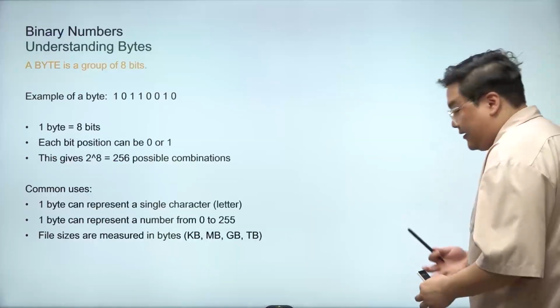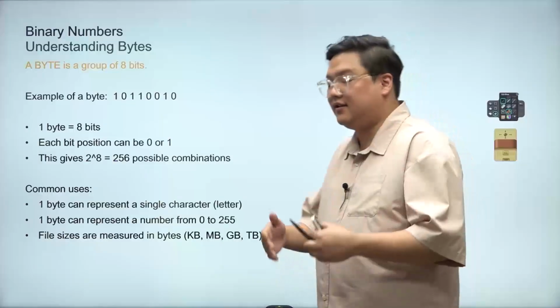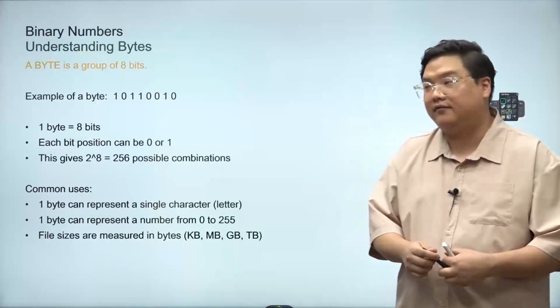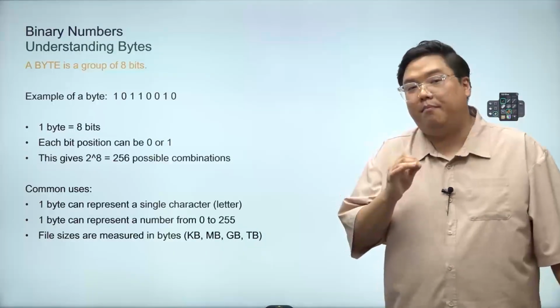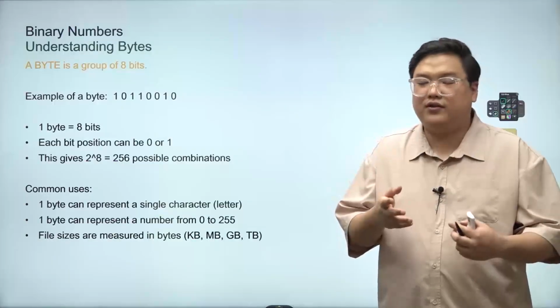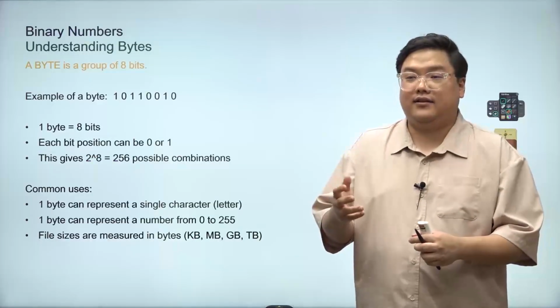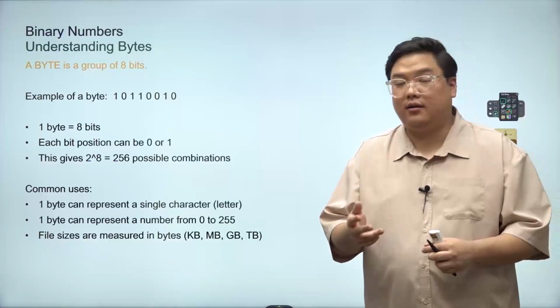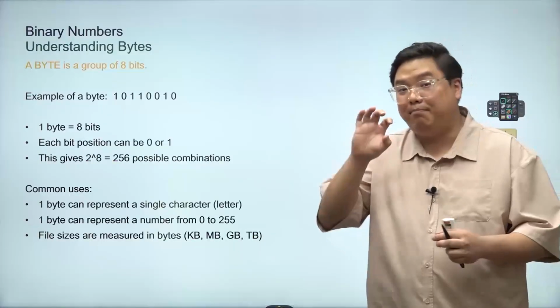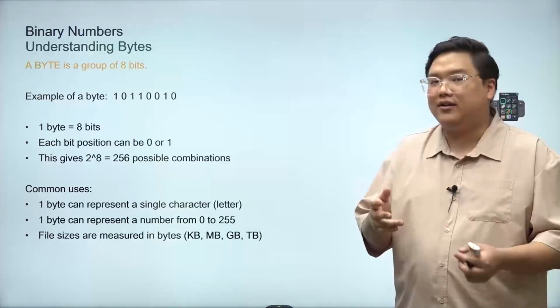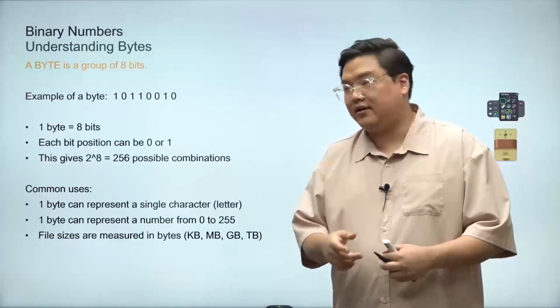And the next is a byte. Well, a bit is very small, right? So we usually use bytes as the smallest unit to represent how big a file is. For example, megabyte, kilobyte, terabyte. That byte at the end is like meters, centimeters, kilometers.